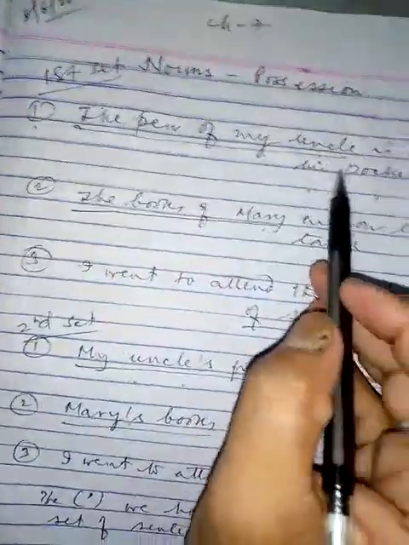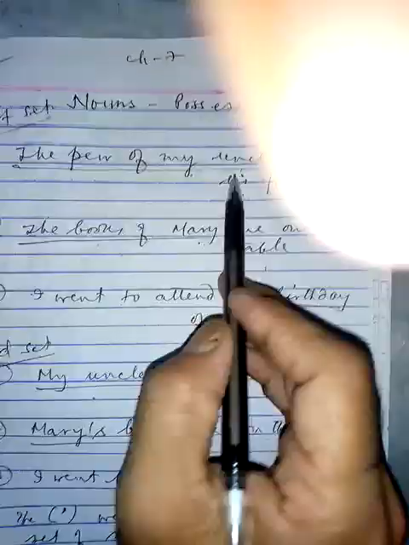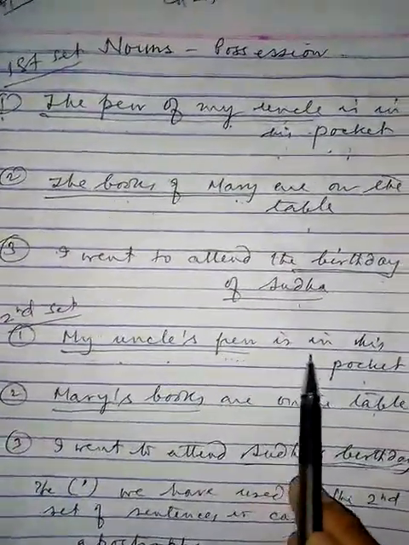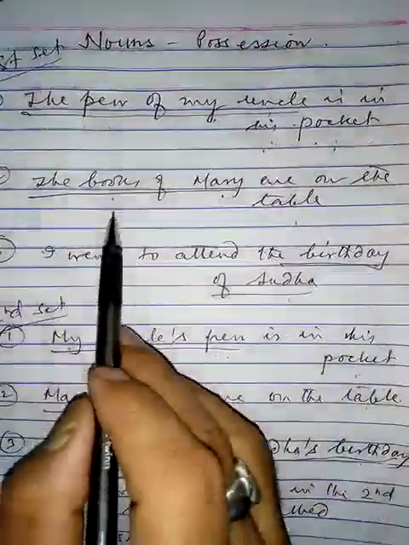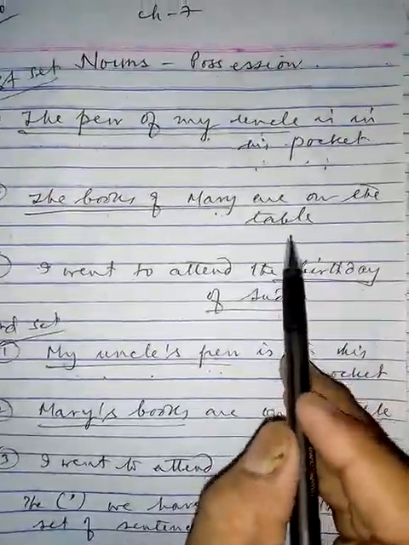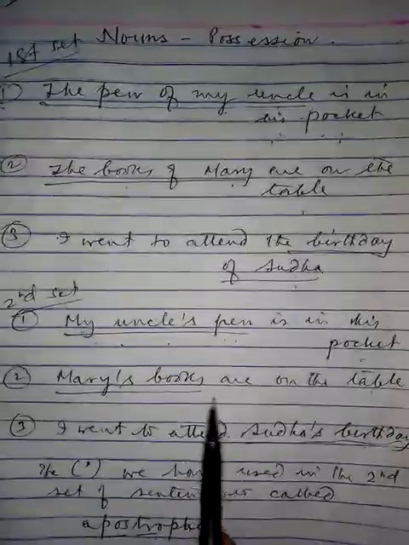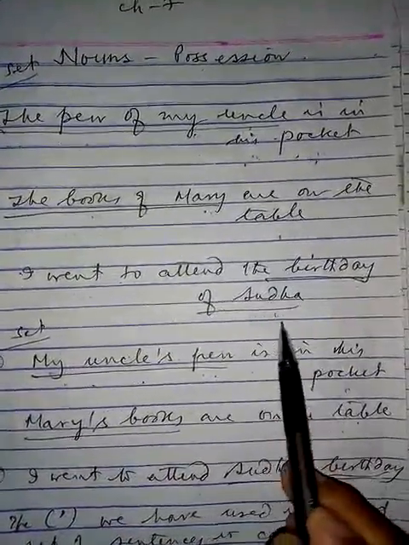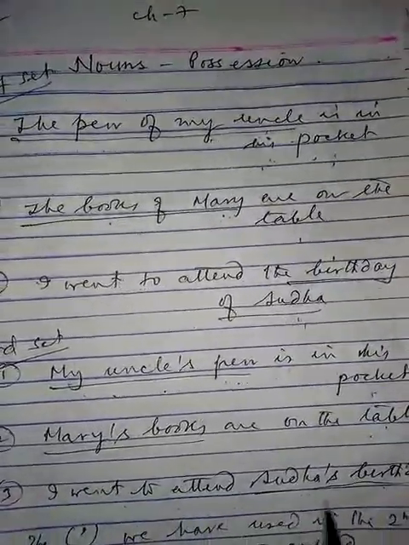Now children, I am going through 1 to 4. The pen of my uncle is in his pocket. Here written, my uncle's pen is in his pocket. The books of Mary are on the table. Here written, Mary's books are on the table. Here written, I went to attend the birthday of Sudha. I went to attend Sudha's birthday.